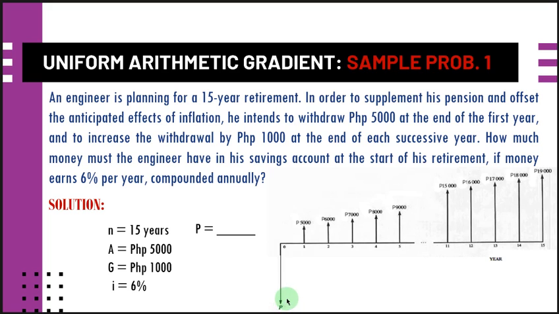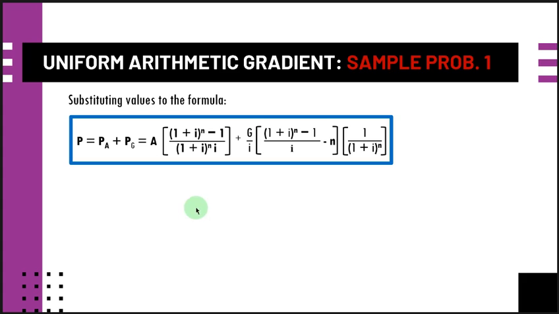So we can now apply the formula for this one, in which our P is just the sum of P sub A plus P sub J. This is equal to A, the annuity, times the quantity (1 plus I) raised to the n minus 1 over (1 plus I) raised to the n times I, plus this quantity here, J over I, times the quantity (1 plus I) raised to the n minus 1 over I minus n, times 1 over (1 plus I) raised to the n.